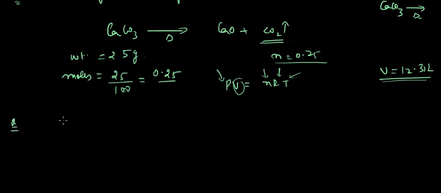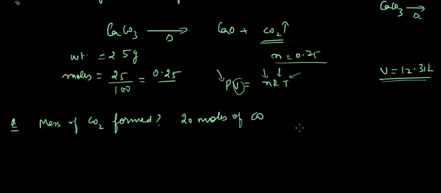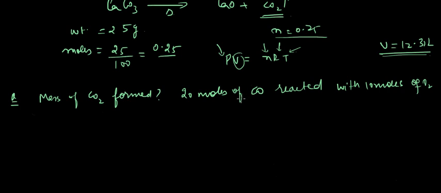Next, you have to calculate the mass of CO2 formed when 20 moles of CO, or carbon monoxide, reacted with 10 moles of oxygen. Let's write the equation.